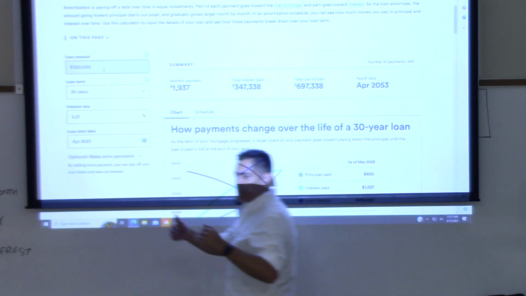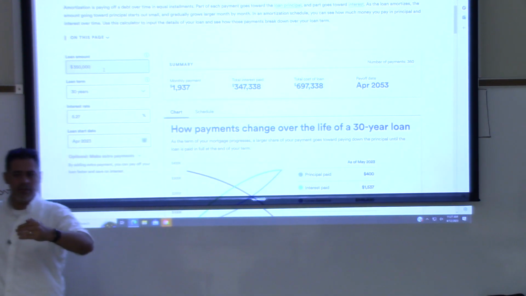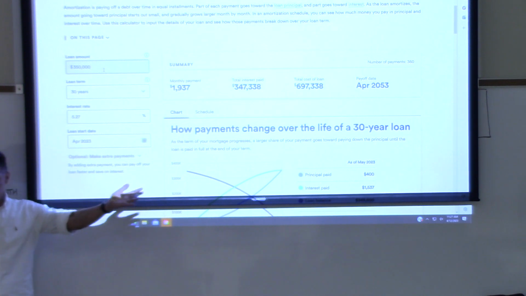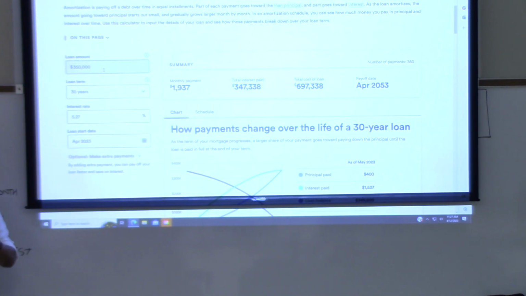Another thing about buying a house. Do you all know what the biggest hurdle is to buying a house? At some point, hopefully, maybe you'll want to buy a house. It's closing costs, but the standard loan, right? The standard loan that you take, you have to come to the table with 20% of the cost of the house in cash.